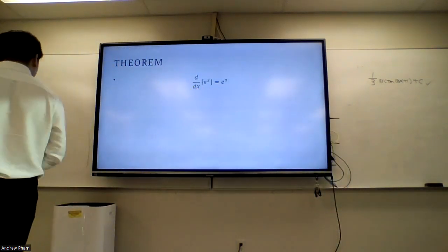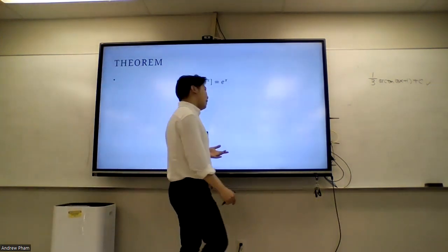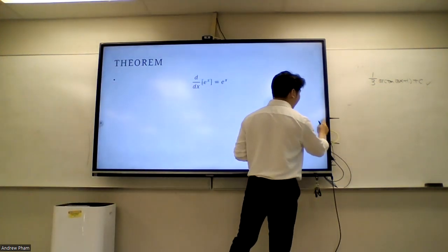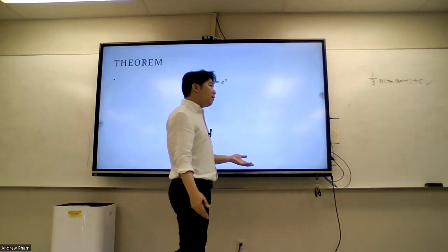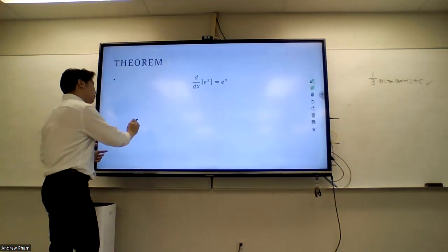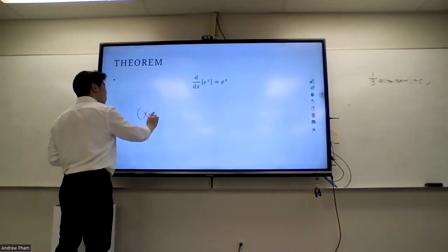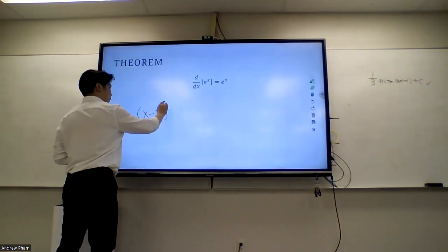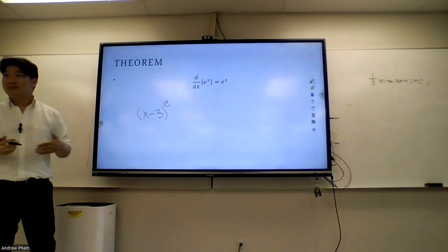Later on, as a preview, just so that I can answer some questions preemptively, there are some things we are going to take on that look a little more complicated. We're going to talk about what happens if I want the derivative of x minus 3, something like that.